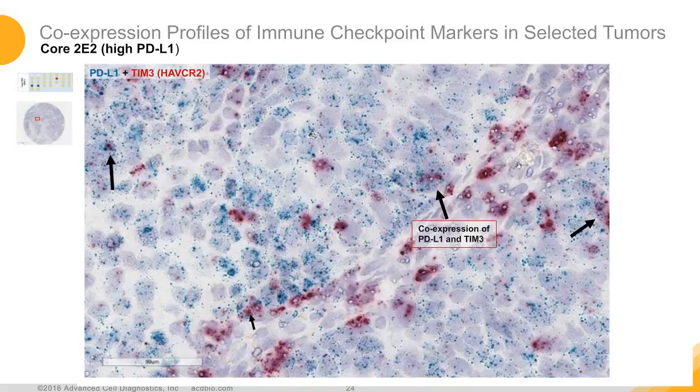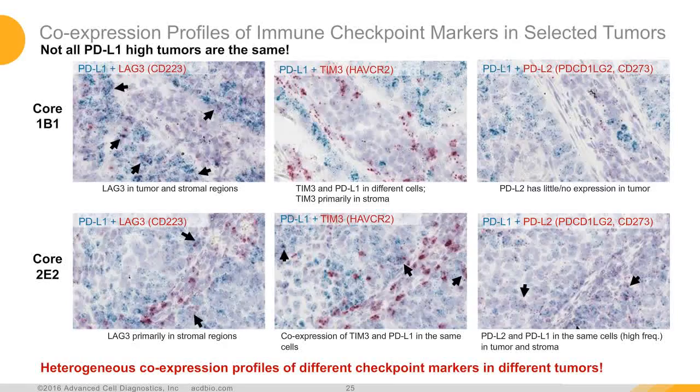Co-expression is again observed in various cells. Infiltration by lymphocytes into the tumor region is well depicted by TIM3 expression. From these co-expression profiles, it is quite clear that tumors are again heterogeneous and that no two tumors are identical.